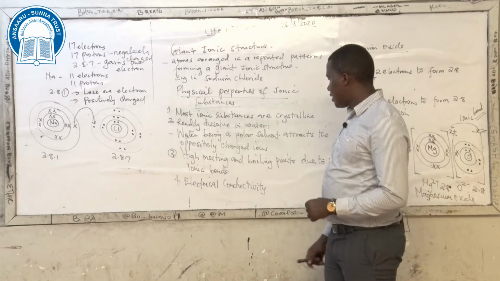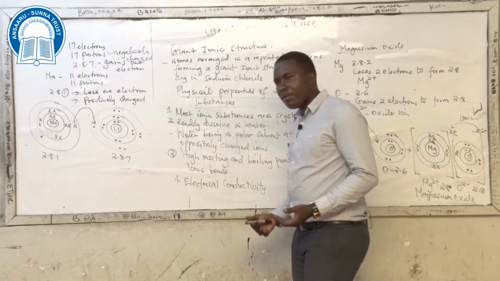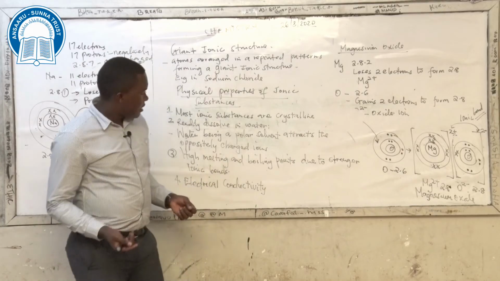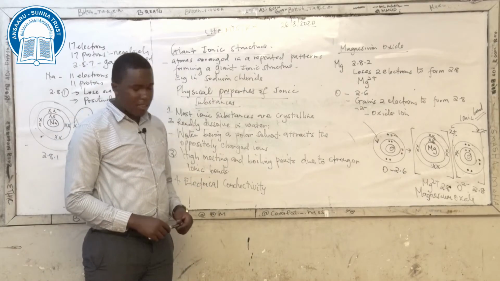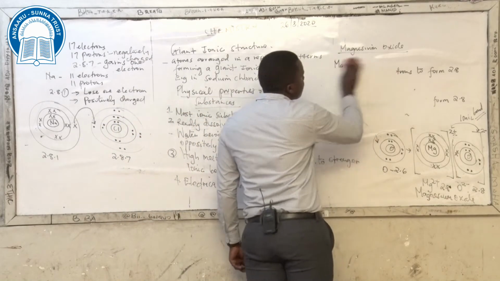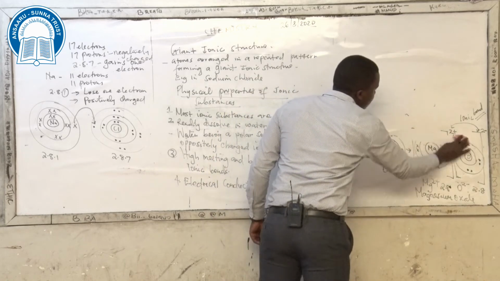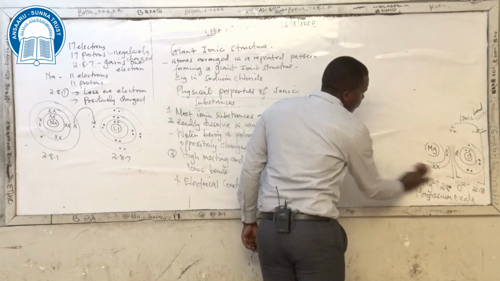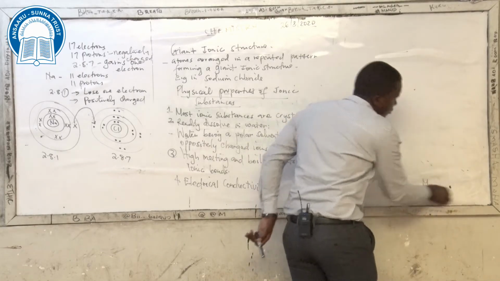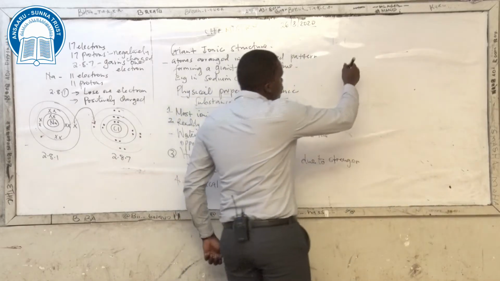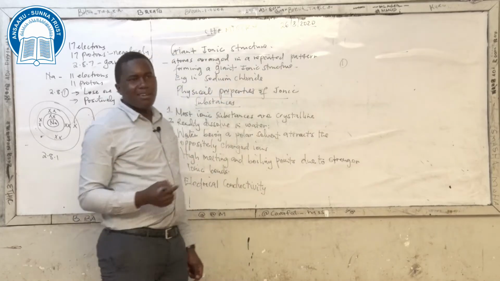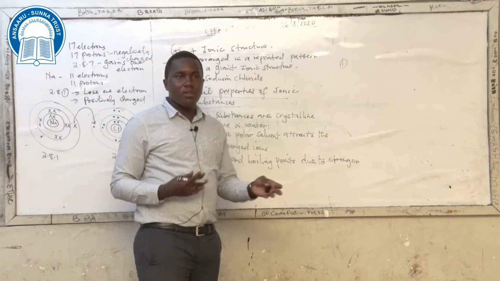When we were looking at trends across a period in the previous class, we saw that there are two conditions for a substance to conduct electricity. One condition for conducting an electric current is that the substance must have delocalized electrons, some free electrons that can move.